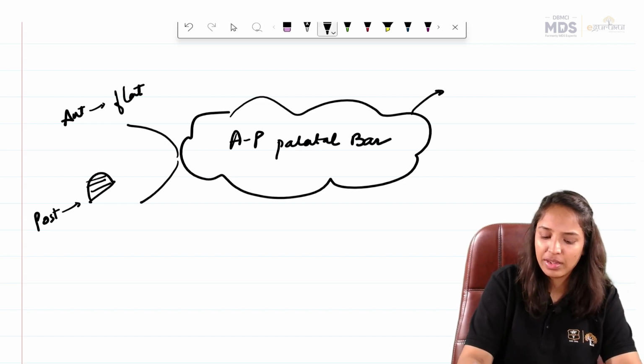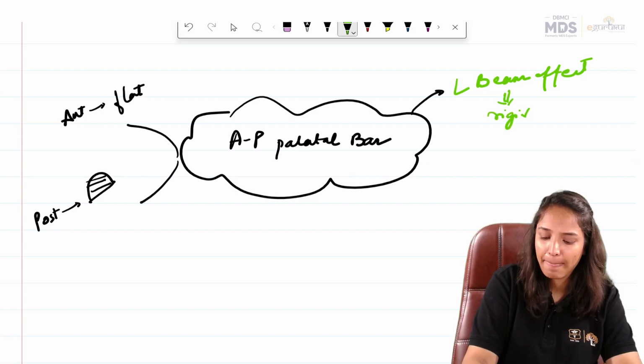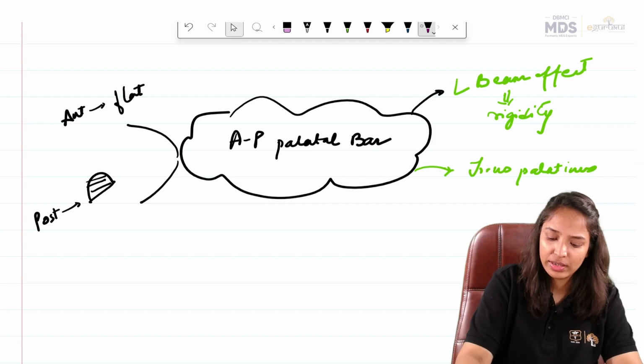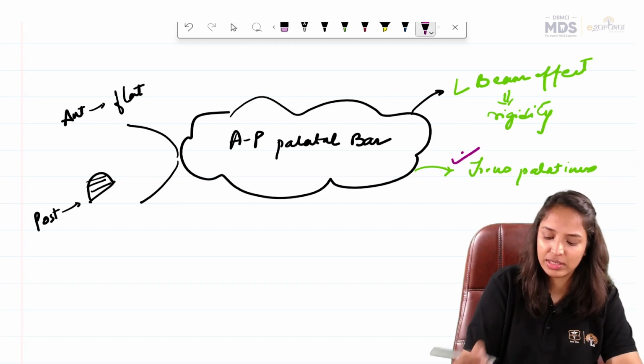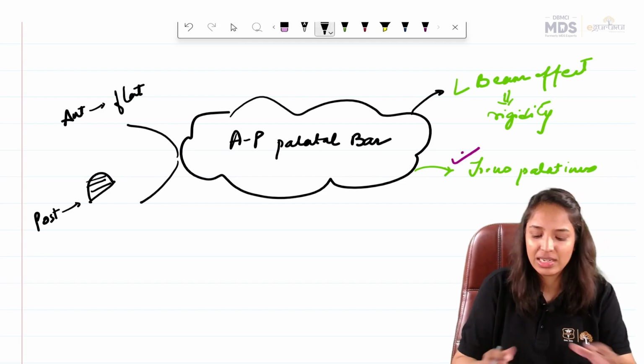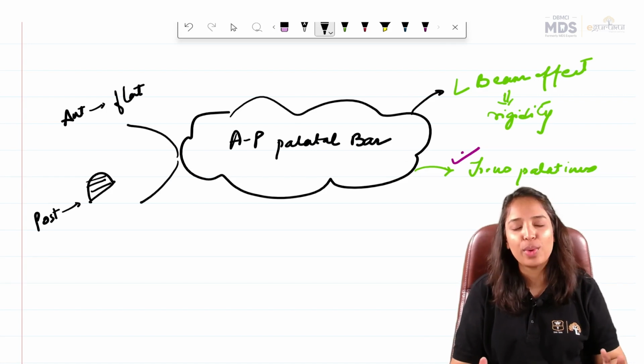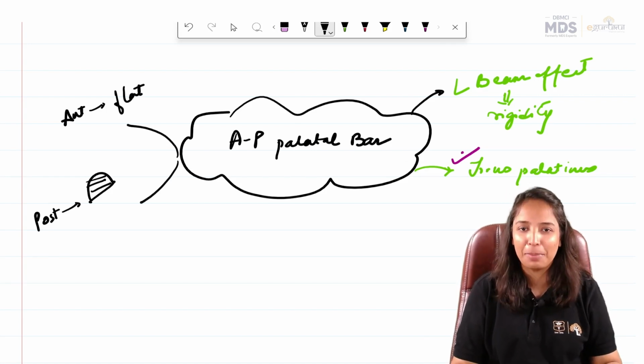It has something which is L-beam effect that gives you very good rigidity. And the most important indication of it is in the presence of torus palatinus. You can definitely utilize this. So all in all, these are some key points pertaining to antero-posterior palatal bar.